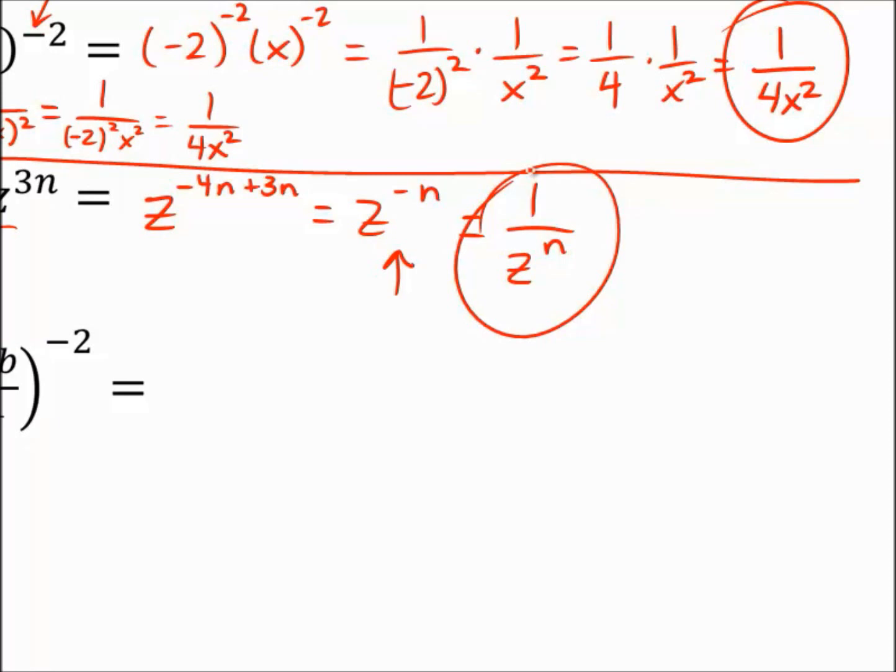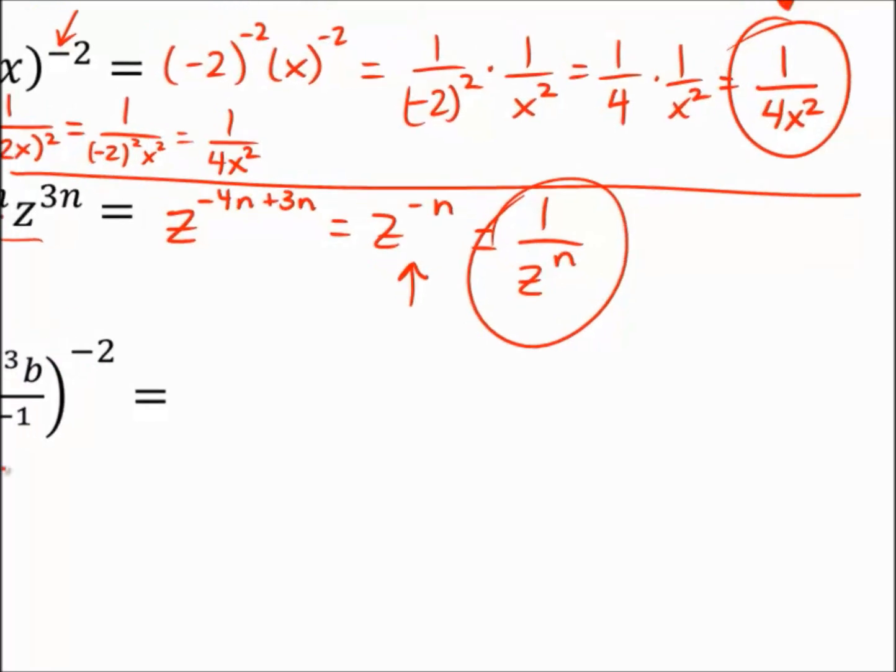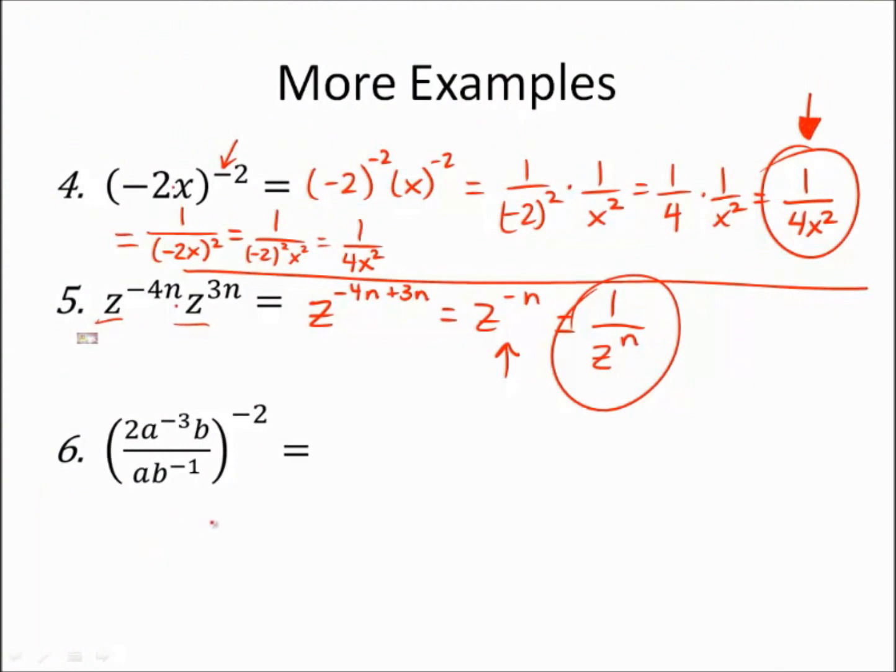Let's take a look at a little bit bigger of an example. Here, we've got an outside exponent, we've got products, we've got more negative exponents inside. Man, there is so much possibility here of simplification. So remember, when you're trying this on your own, you could take one of many approaches.